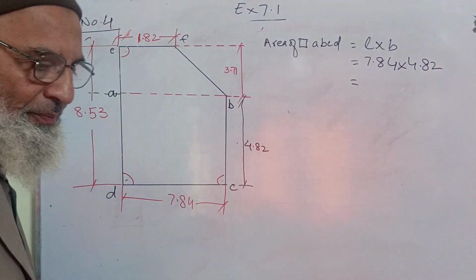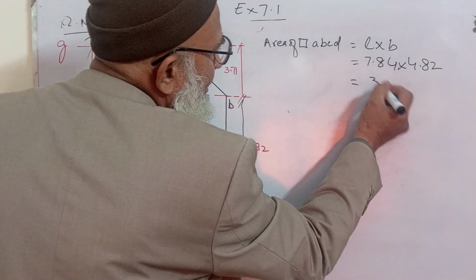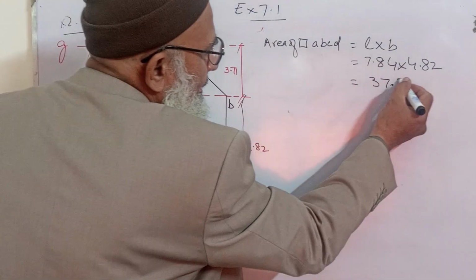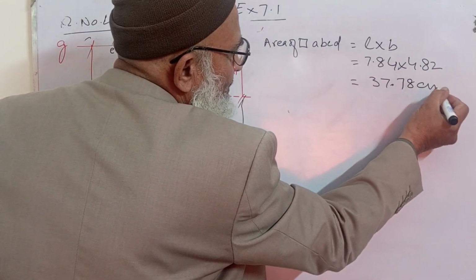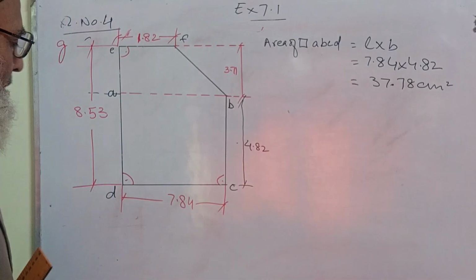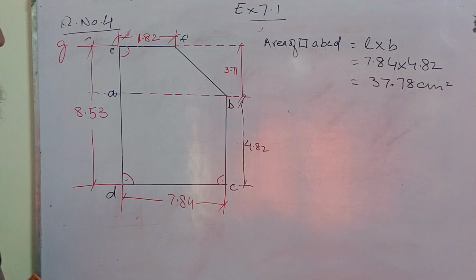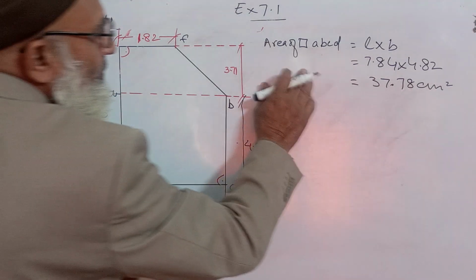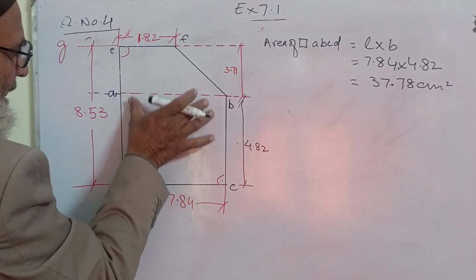So it will become 37.78 centimeters square. All dimensions are in centimeters, so this is centimeter square. Now this portion has been completed.